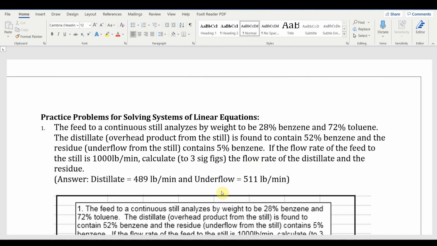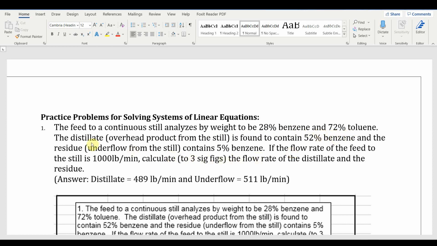On page 376, we have some practice problems for solving systems of linear equations. Let's do the first one. The feed to a continuous still, that's a distillation column, analyzes by weight to be 28% benzene and 72% toluene.